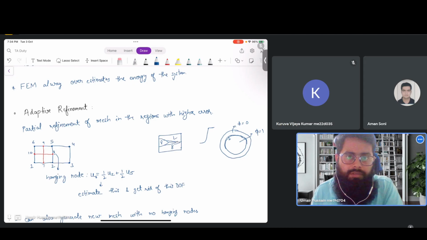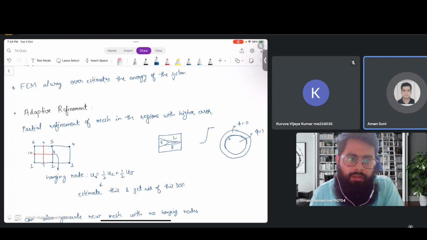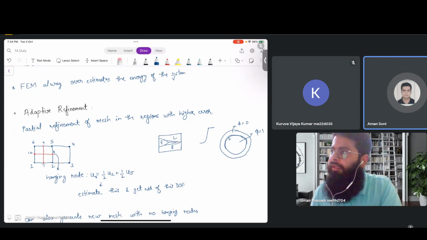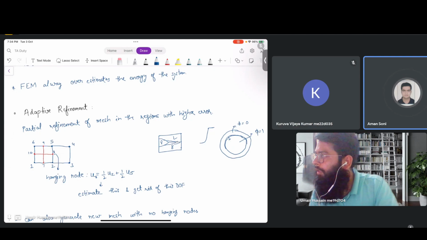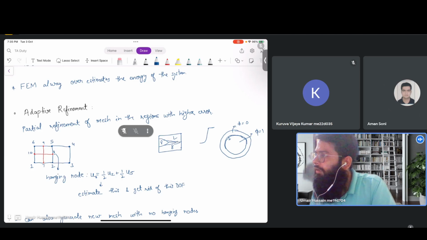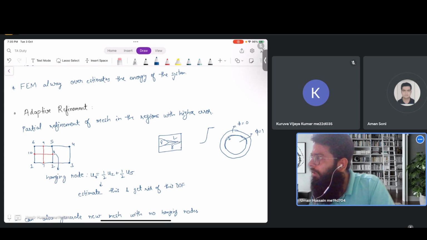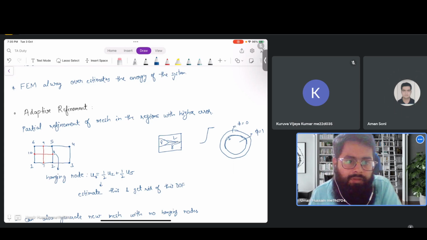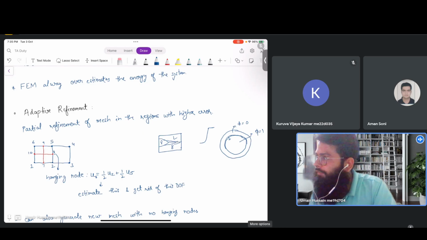Some clip of it. Yeah, but whatever you find, you can show, because I haven't seen these types of things anywhere. I have some other clip, but let me see if I can get one for adaptive refinement, where I can show you this.